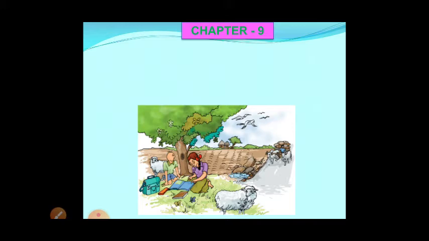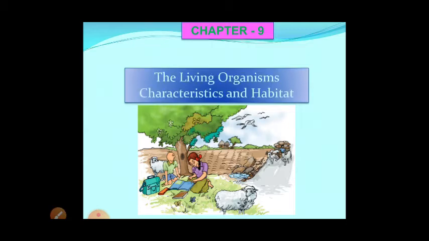Today we are going to learn a new chapter about living organisms, their habitat, characteristics and some adaptation. In our surroundings, if we observe, we can see so many things. The things can be divided into two types.